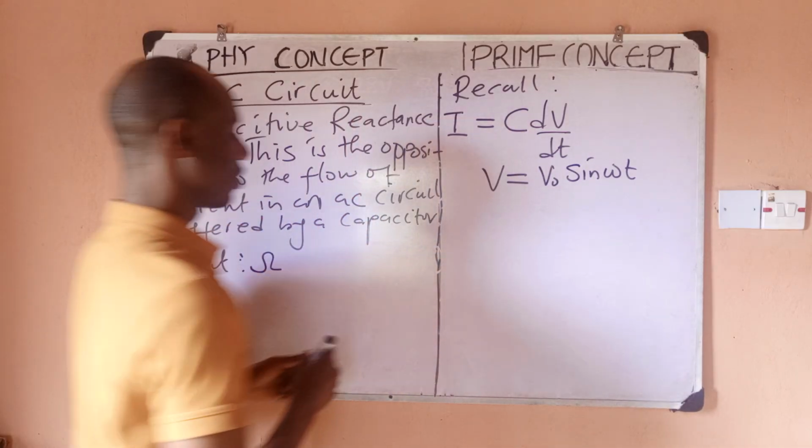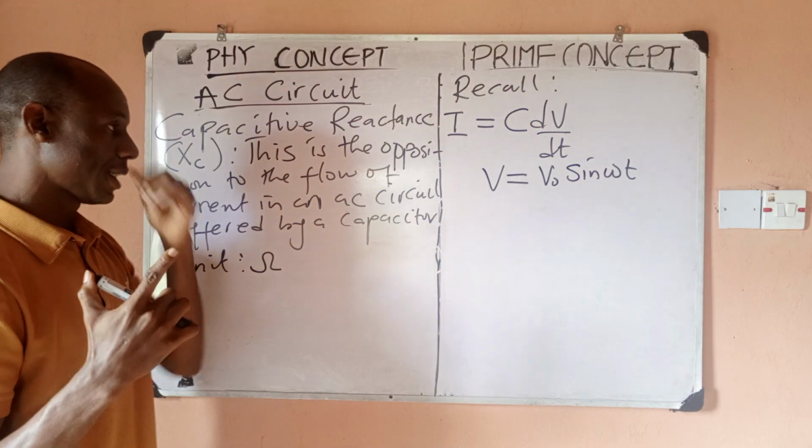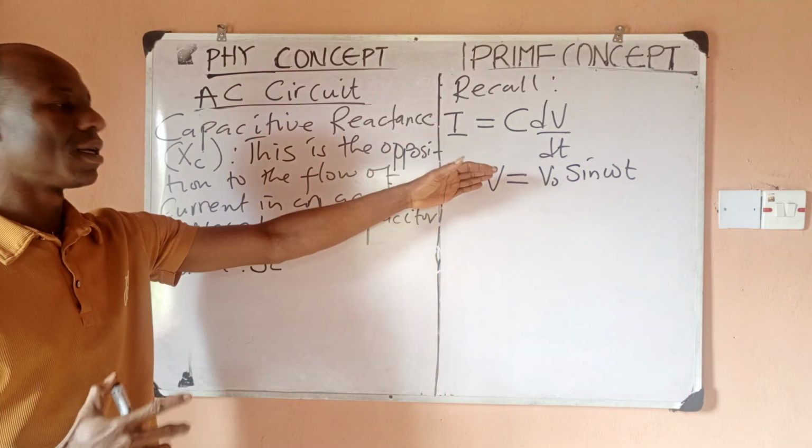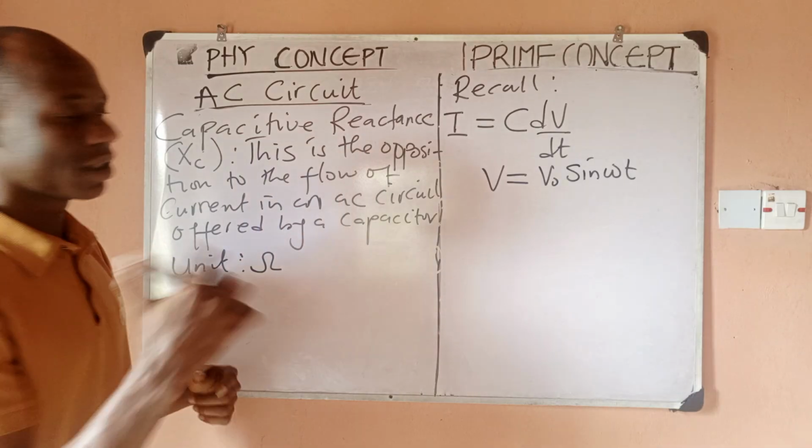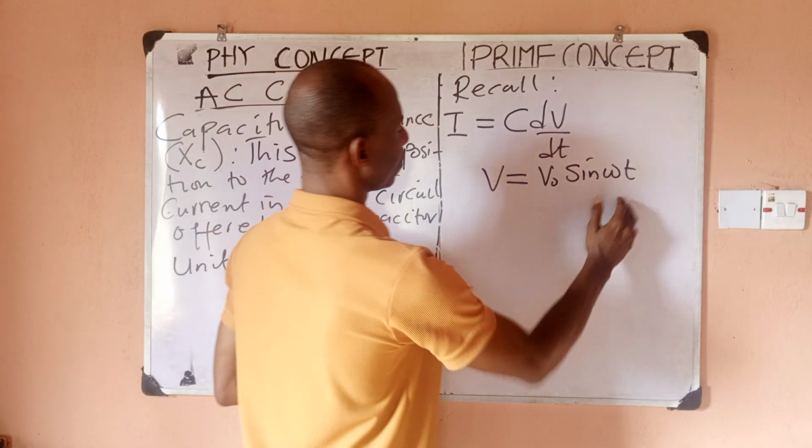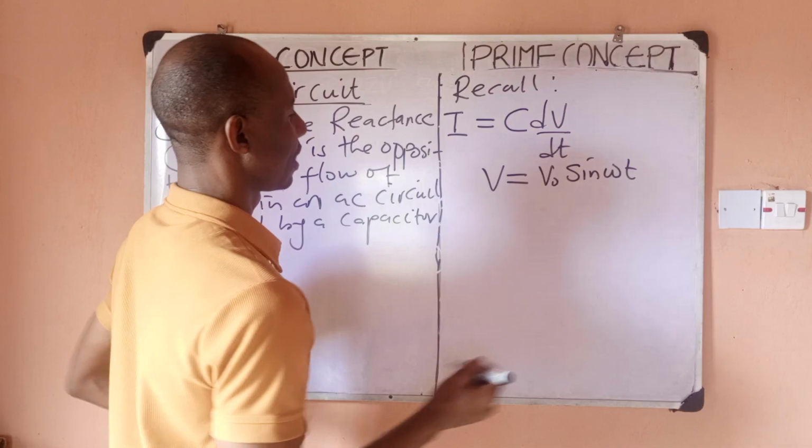I'm not going to use the relationship with minus 90. In this case, I want to consider voltage as reference. Then for current, it will be plus 90. So let's use this for a simple case scenario.